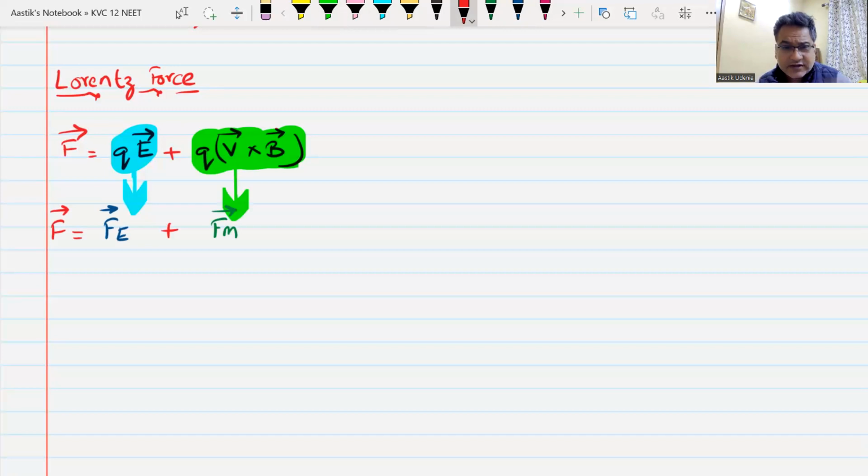This net force acting on the particle is known as your Lorentz force. So Lorentz force is the summation of electric force and magnetic force. When you add them vectorially, you will get your Lorentz force. Do we understand this, everyone? I'll give you a minute to note it down. So I think you have noted this down, Lorentz force.